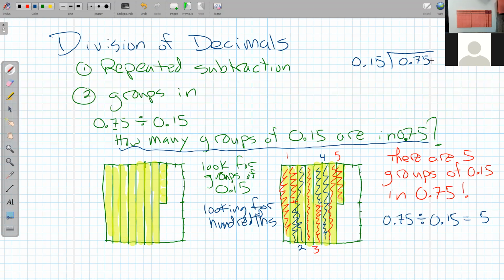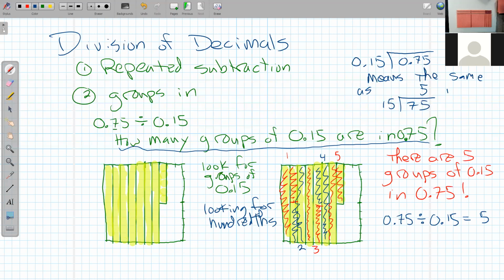So this problem is equivalent to, this one right here means the same as, how many times does 15 go into 75? I can just count up 15s to make that happen. 2 15s is 30, and another one's 45, and another is 60, and then 75. Oh, that's 5 of them. There are 5 groups of 15 in 75.